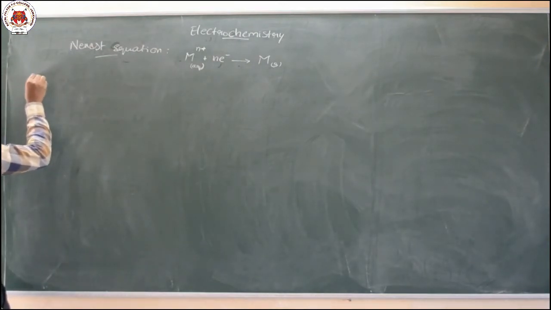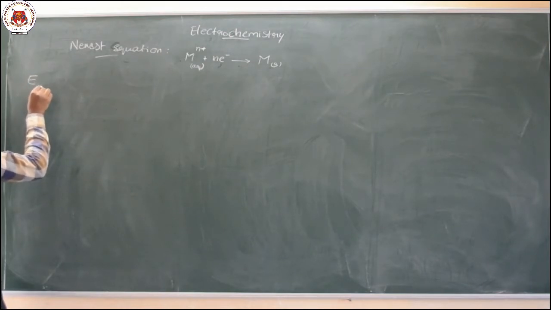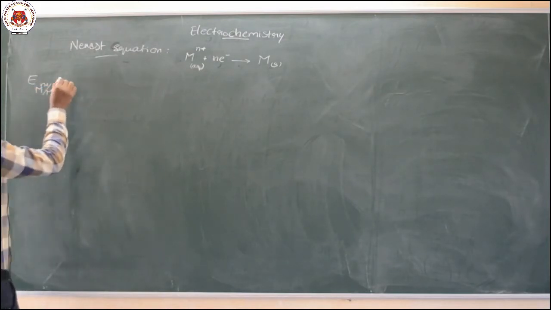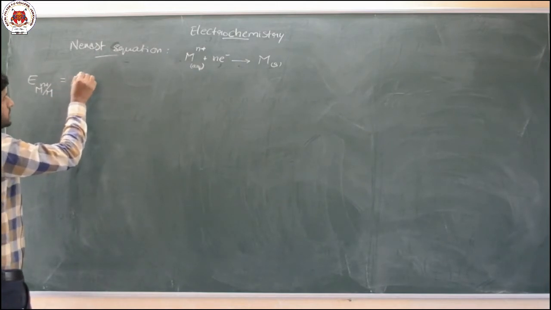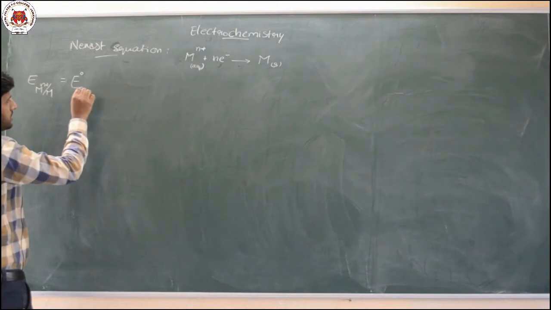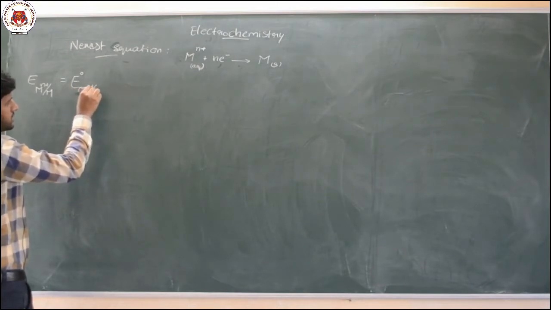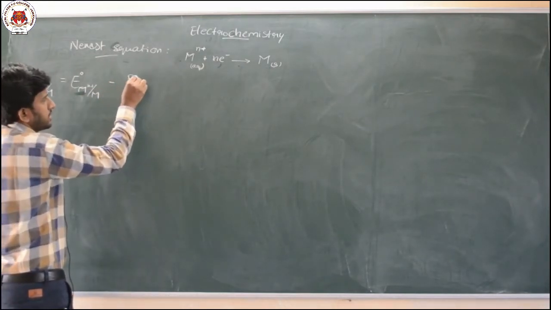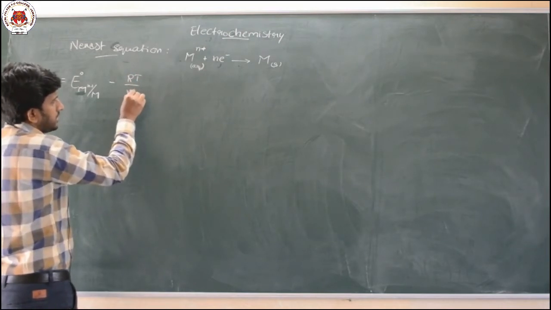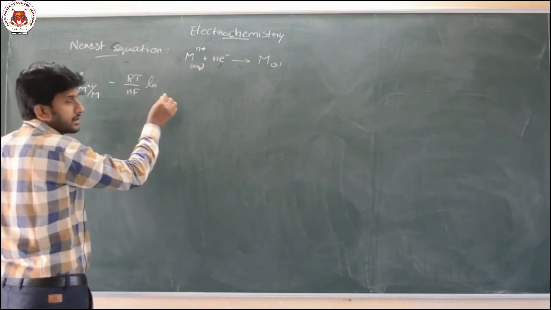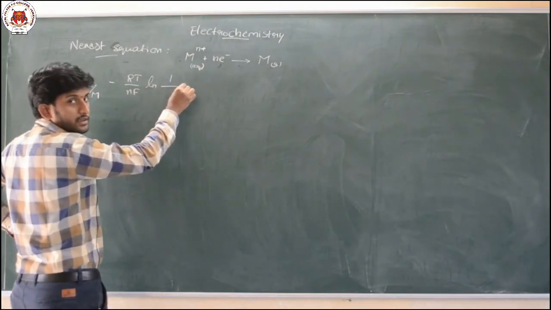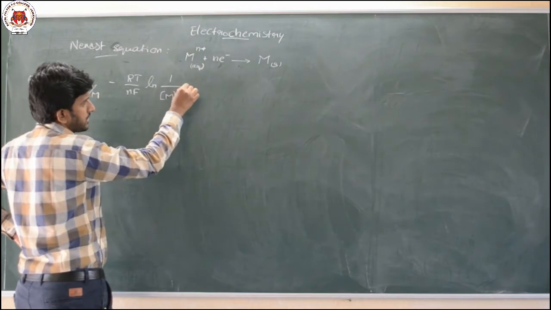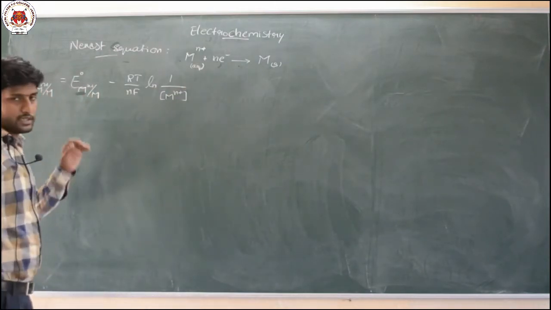What we got: the normal potential of this redox couple is equal to the standard electrode potential of this couple or electrode, minus RT by nF ln 1 by the concentration of M^n+ ion.